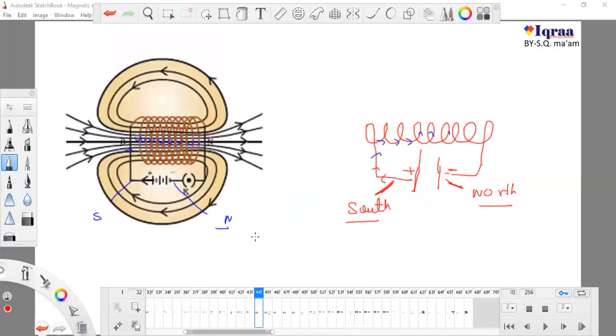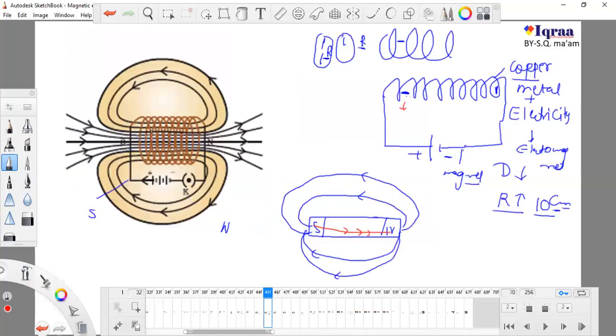So now this is a magnet, and in this magnet I draw the magnetic field lines. You can see some magnetic field lines develop. If I want to complete them, these are the magnetic field lines. These magnetic field lines flow from south to north inside, along with the electricity.